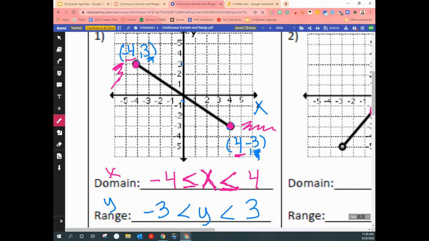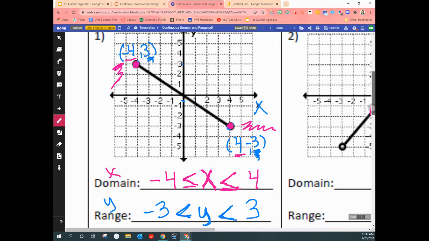If you write your smallest number first and your largest one last, if you write them from smallest to largest, you just stick your variable in the middle, and then you decide, do I need lines underneath my symbols? You write your symbols this way every time. They're always going to be pointing to the left, because this says all the y's that are bigger than -3, but smaller than +3.